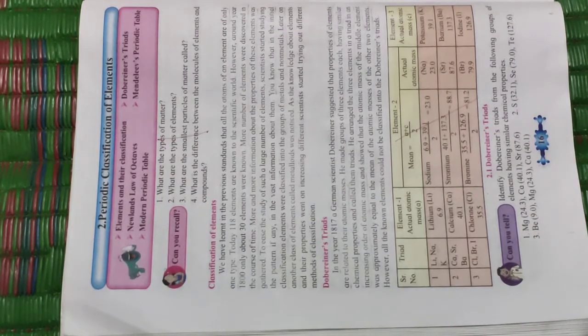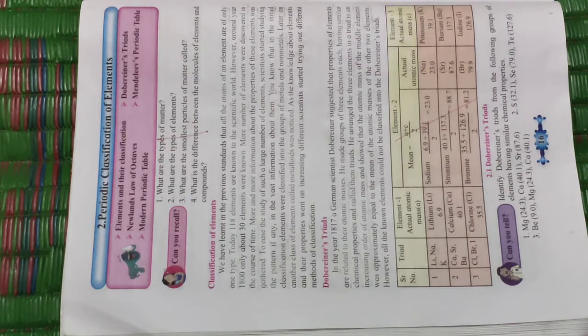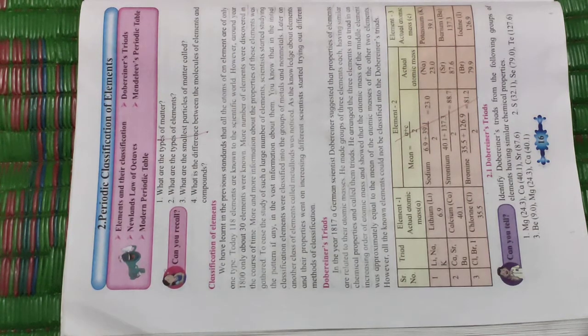While arranging them, Newlands found that every eighth element had properties similar to those of the first. For example, sodium is the eighth element from lithium, and it shows similar properties. He compared this arrangement of elements to music.